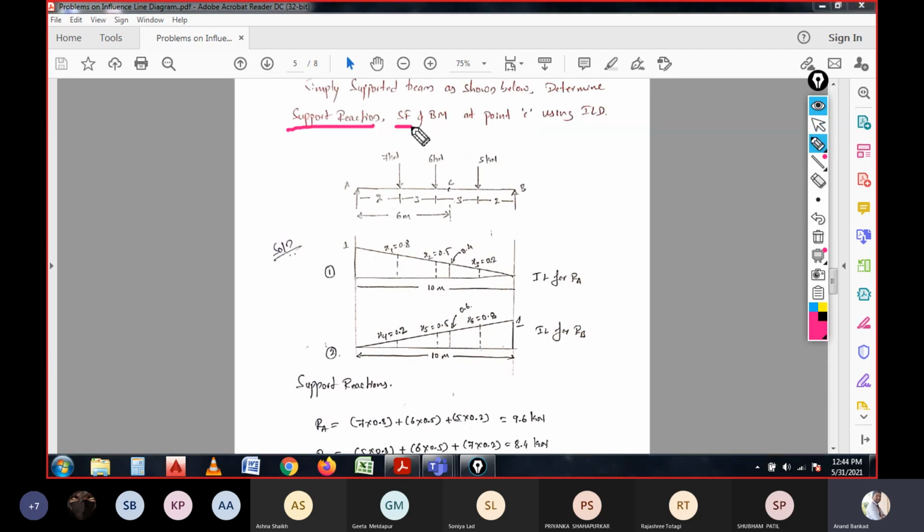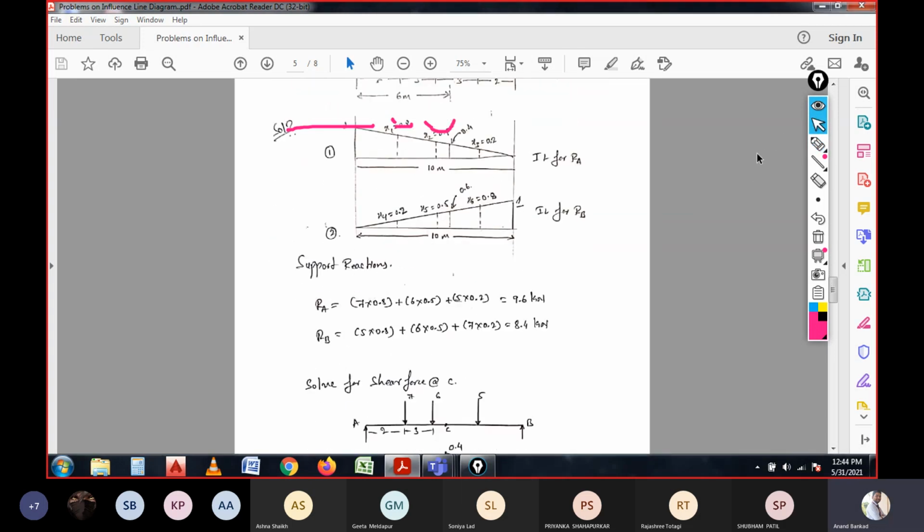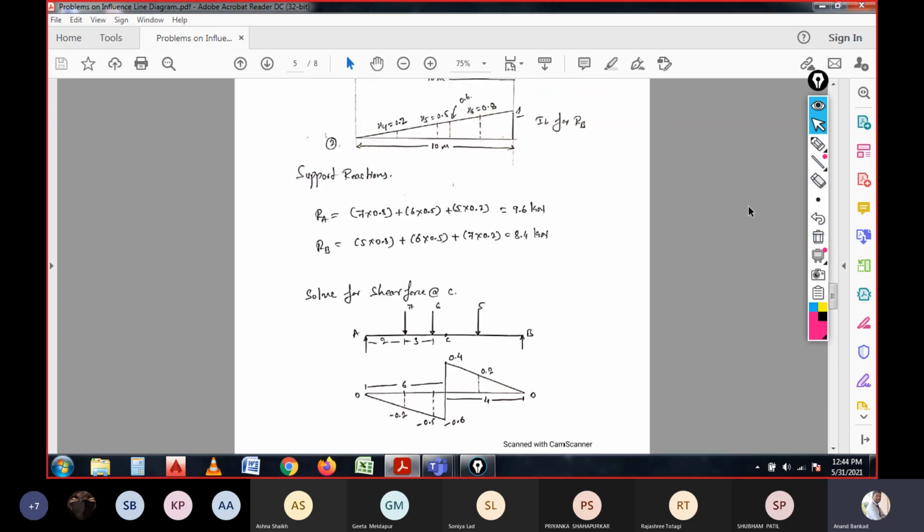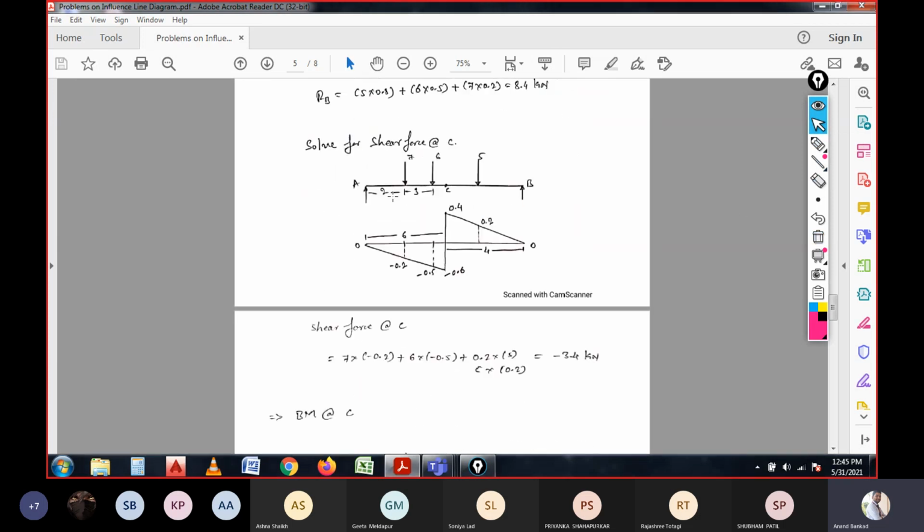Now we need to calculate the shear force and the bending moment, right? For this shear force and bending moment, we need to have a shear force section. As we have already discussed, the shear force section is to be considered in this manner at the section where we are going to calculate the value. So this is the problem statement.